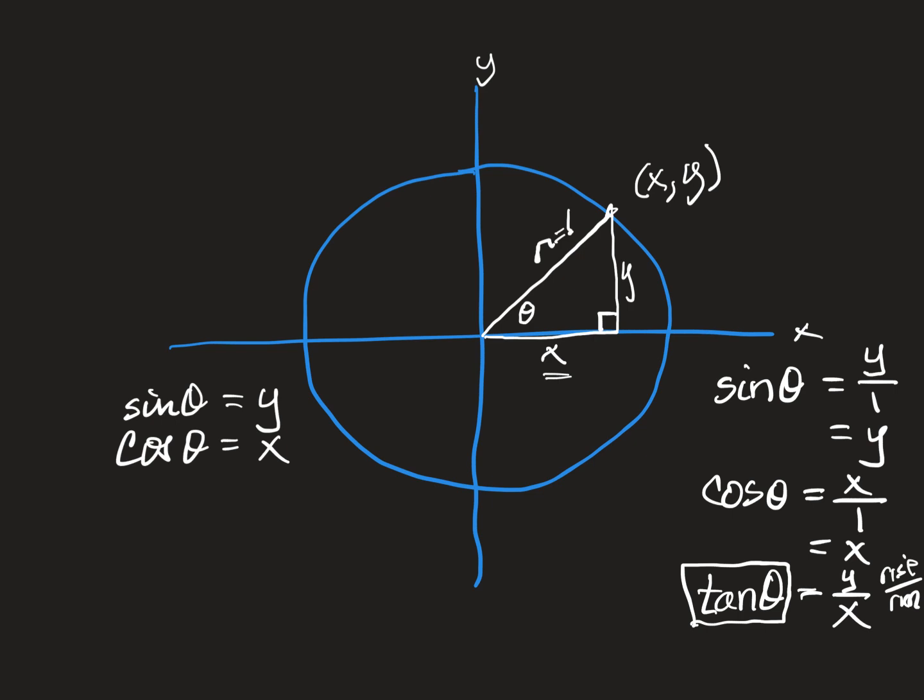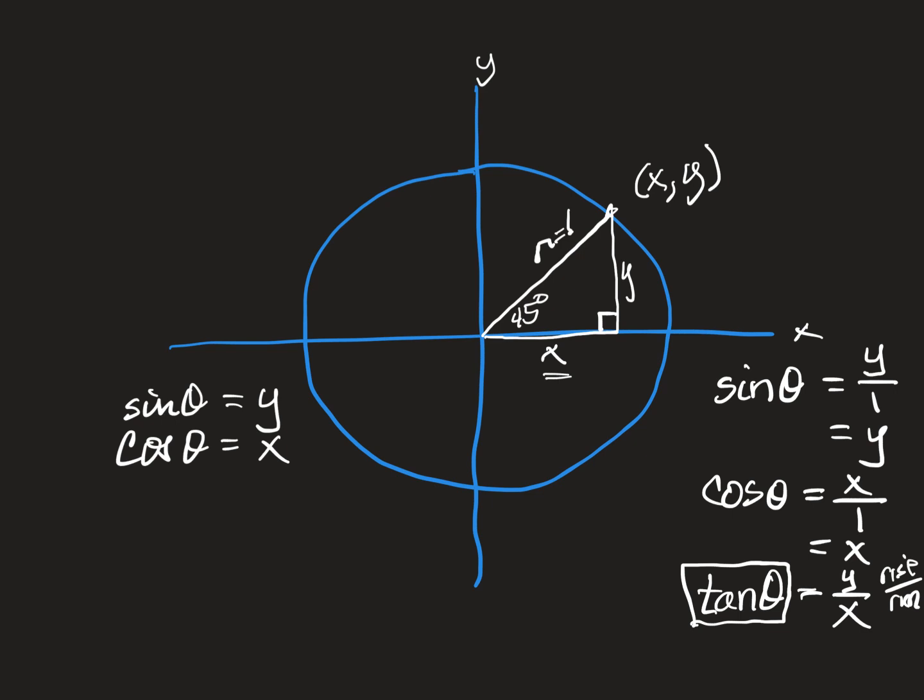And the hypotenuse is equal to 1 in this case. If you have this situation and then you start to put angle measurements in, let's start with a special angle, 45 degrees. Okay?